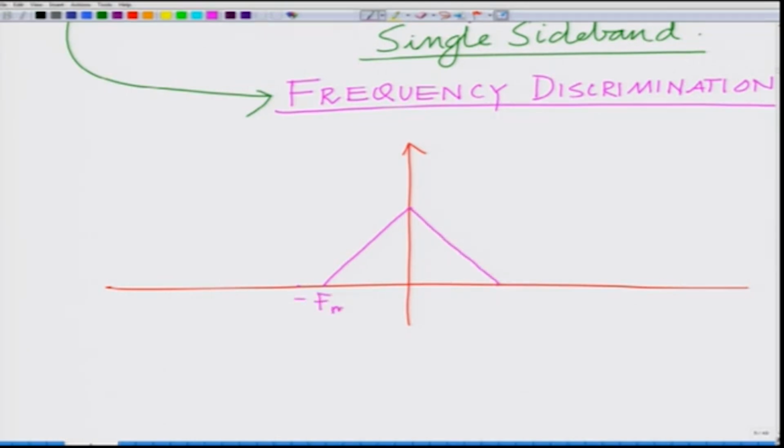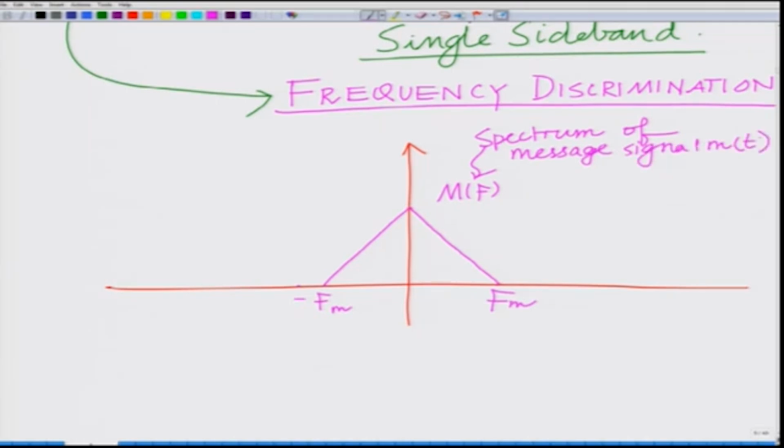So, this is your minus fm, this is fm, this is M(f), the Fourier transform of message signal m(t), and fm is the maximum frequency. So, the message spectrum M(f) is between minus fm to fm.